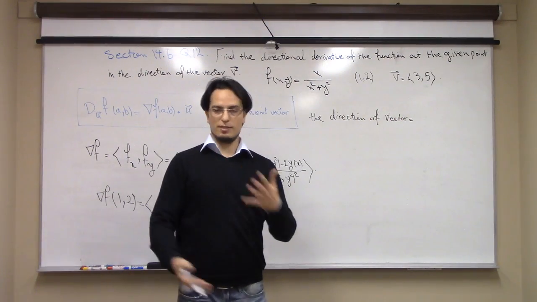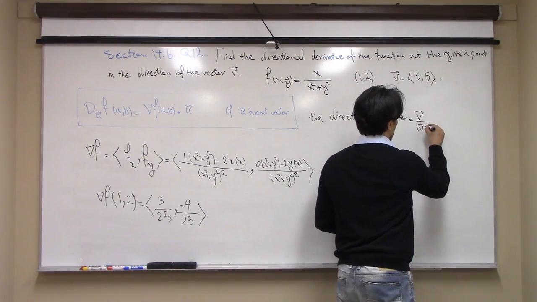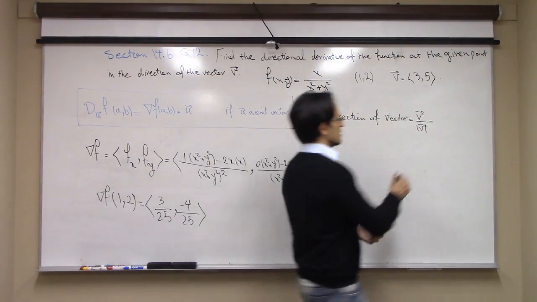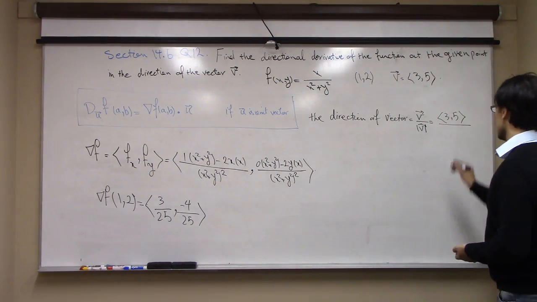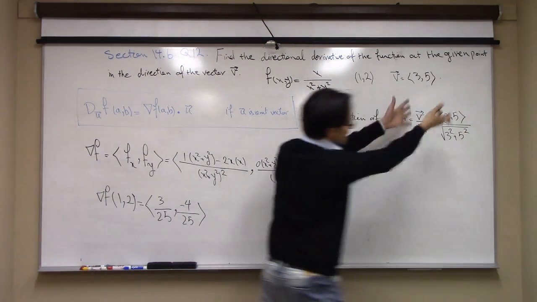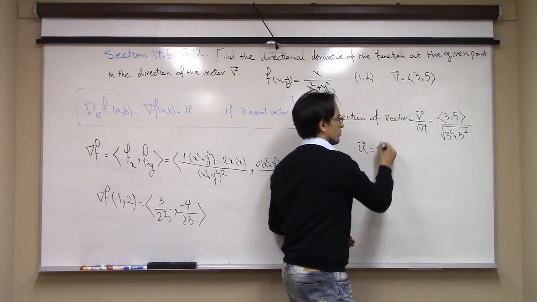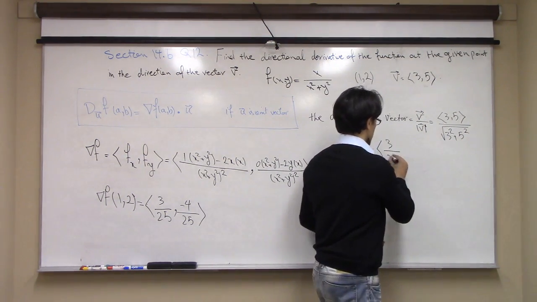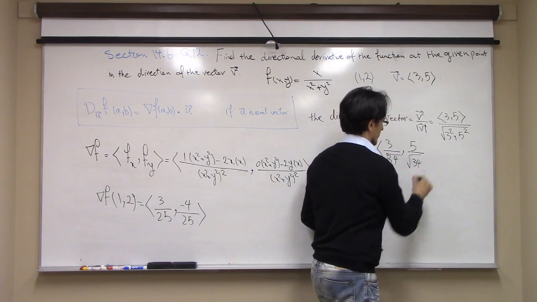So basically you normalize it: you get rid of the length of that vector by dividing the vector by its length. So here I have (3, 5) divided by its length, which is the square root of 3 squared plus 5 squared. So this whole thing is now the direction. It is going to be a unit vector, and that's my u. So my u is 3 over the square root of 9 plus 25, which is the square root of 34, and 5 over the square root of 34.